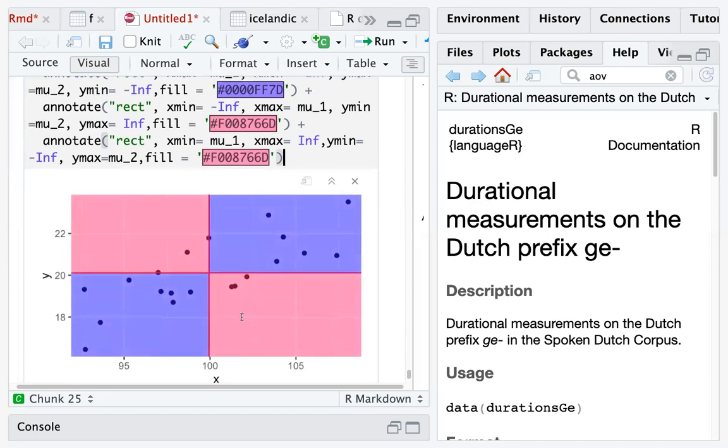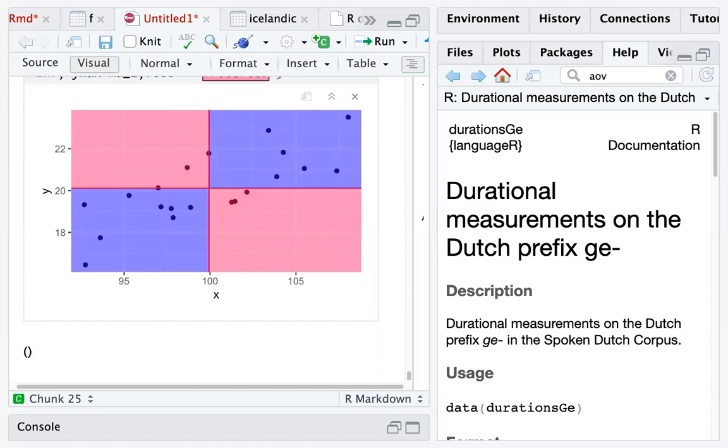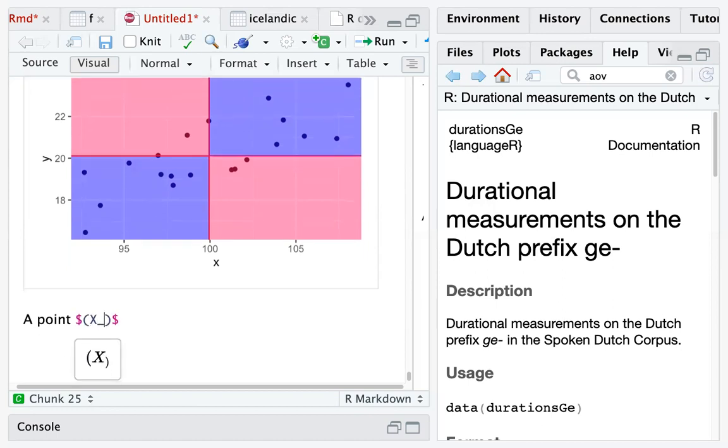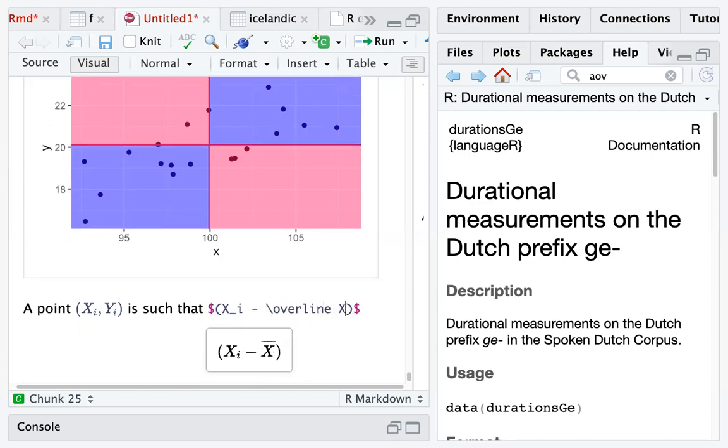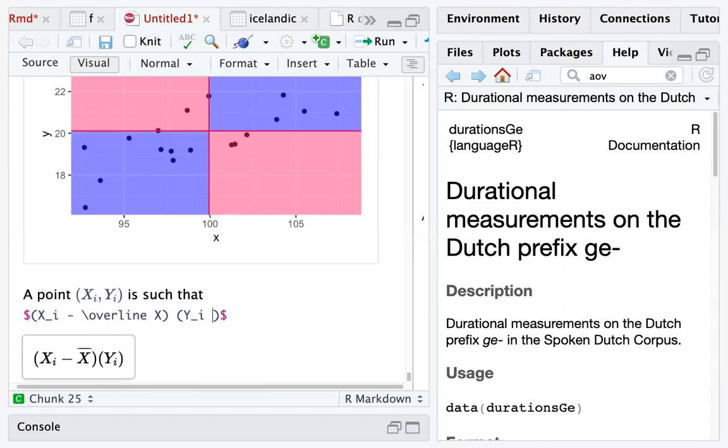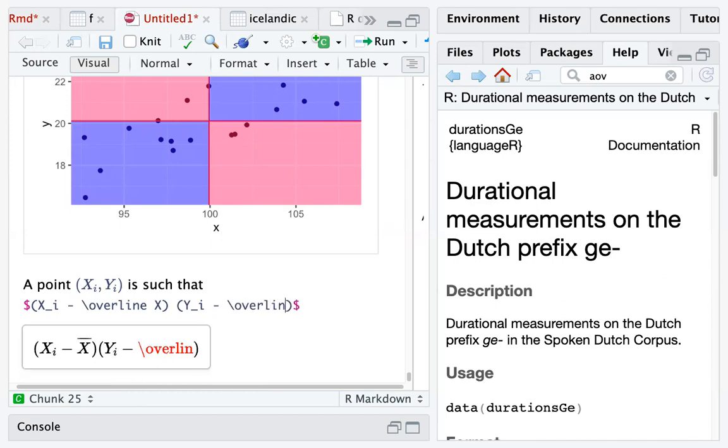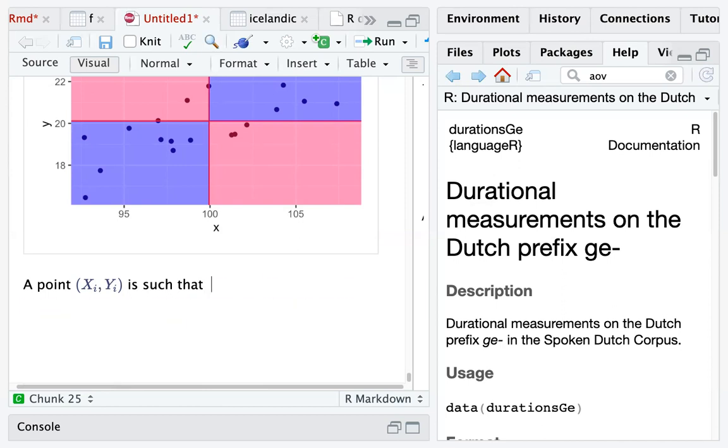On the blue parts, if a point (xi, yi) is such that the product of xi minus the mean times yi minus the mean of the y component is positive, whenever it is in the blue region, negative otherwise.